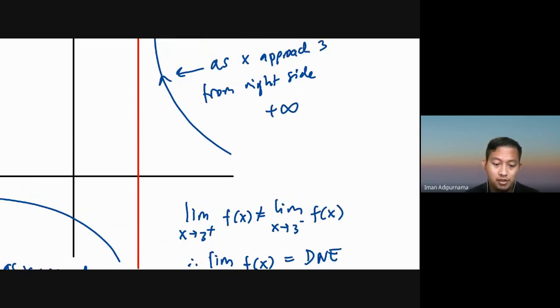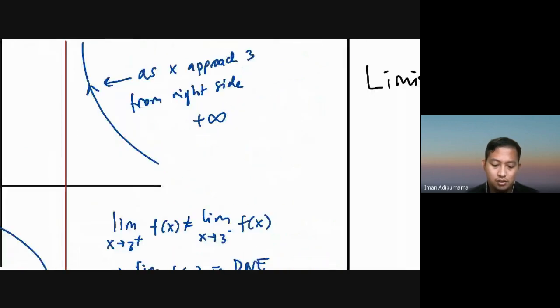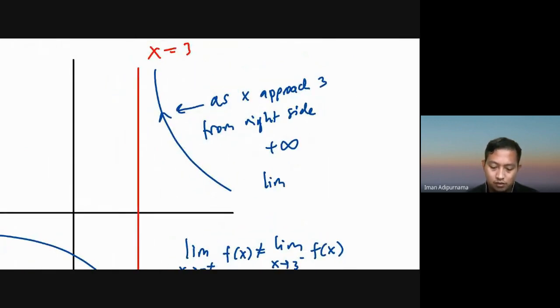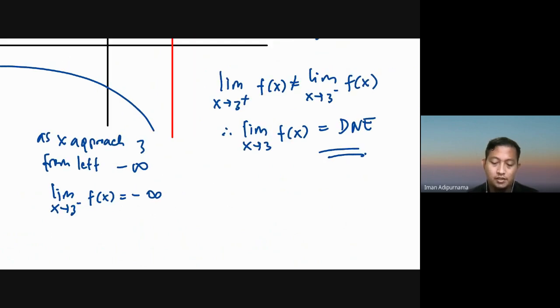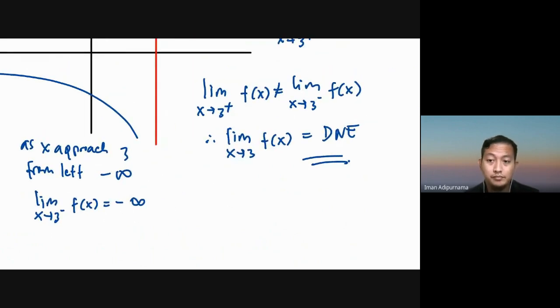Because it has this, and it has this. But because it's not the same conclusion, then the limit doesn't exist.